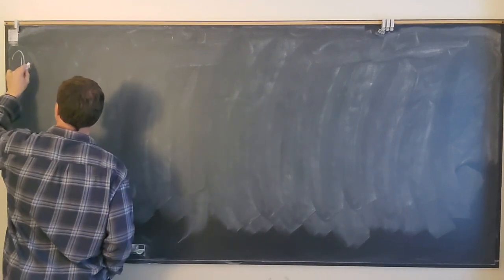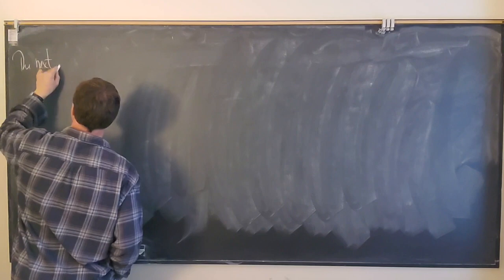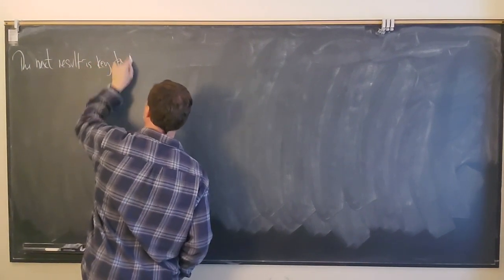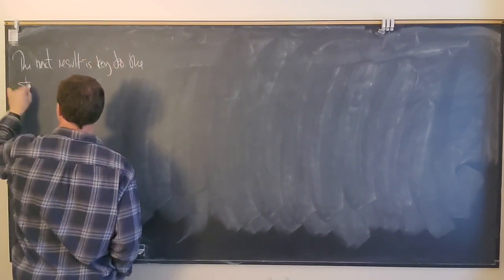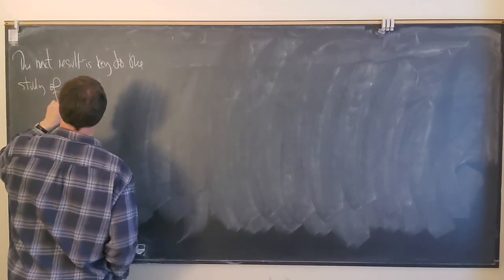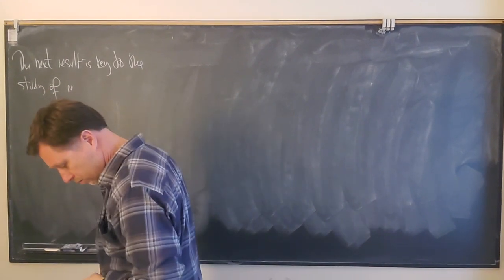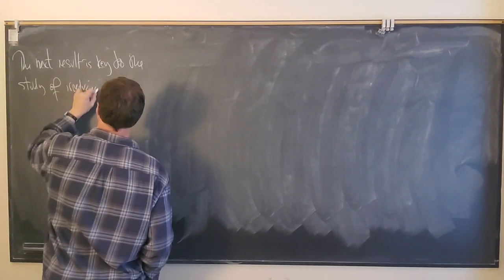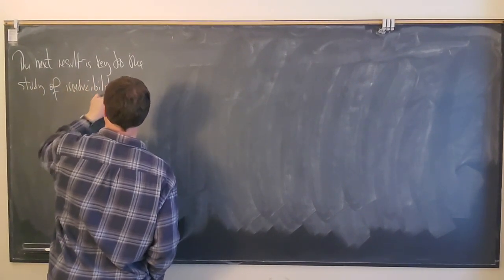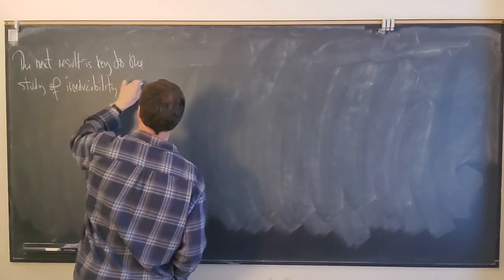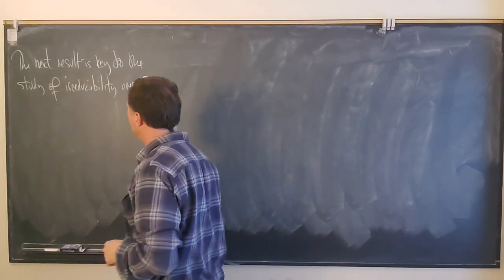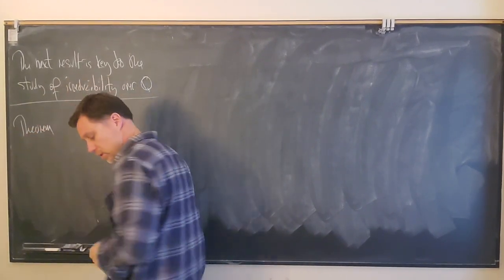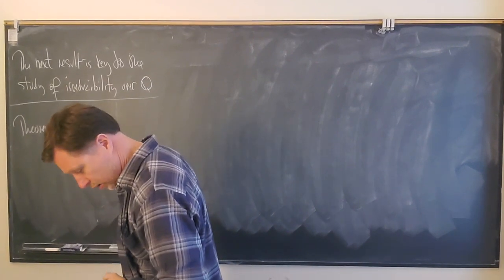The next result is key to the study of reducibility, or really irreducibility, I guess we should say, over Q. And I kind of hinted at this a little bit, so let's get the statement of the theorem. So this is theorem 23.9.